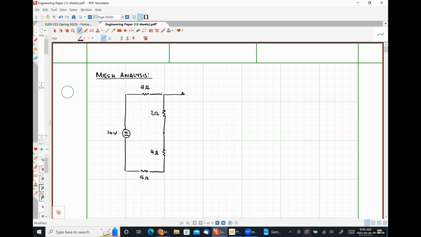Branching off from this point, we have a 1-ohm resistor, a 7-ohm resistor, a 3-ohm resistor, an 8-ohm resistor, and I'm actually going to make a change here.